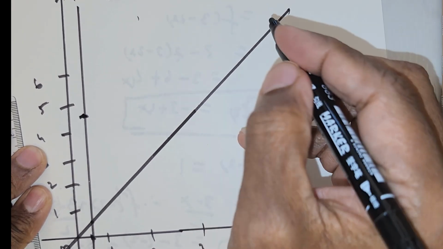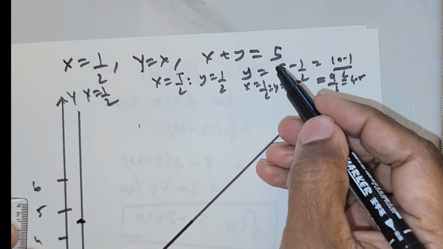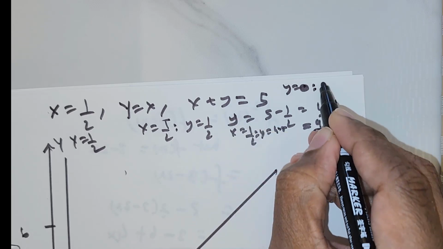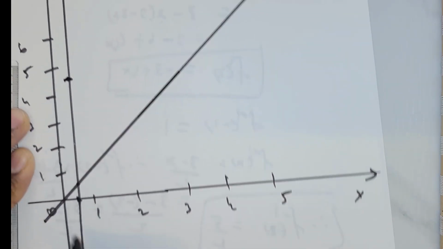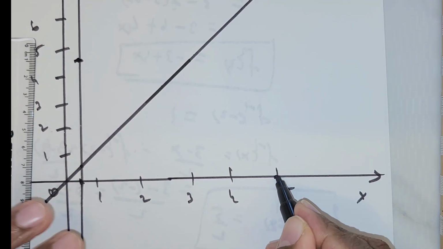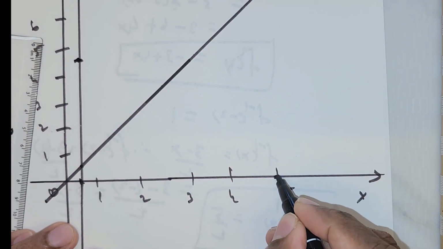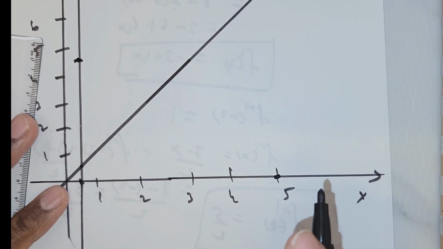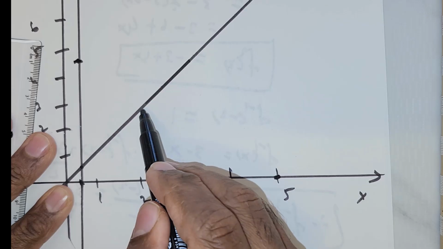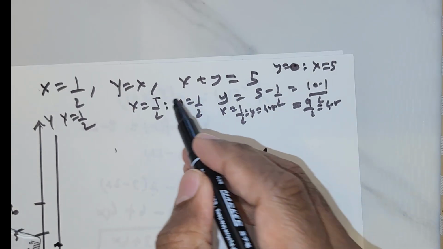Fair enough. Now when y is equal to 0, what happens here? x is equal to 5. When y is equal to 0, x is equal to 5. So this is a point here. Now if you want, you can also find the point of intersection over here.